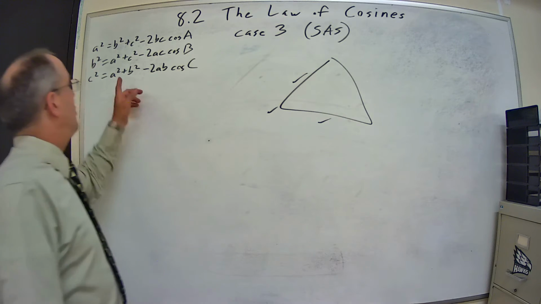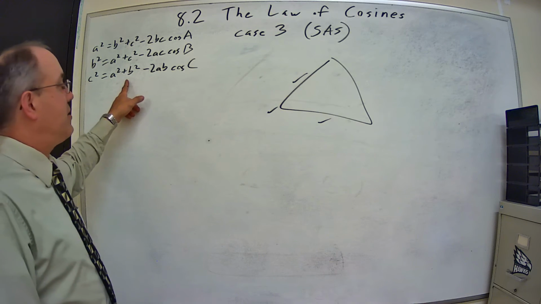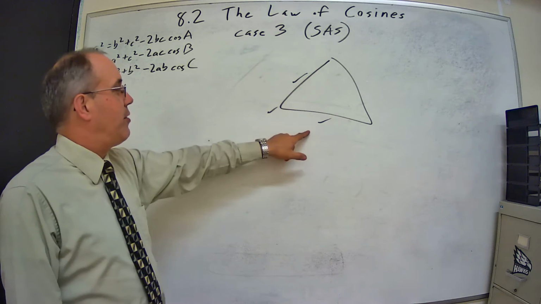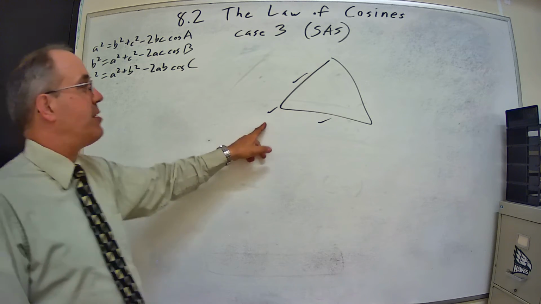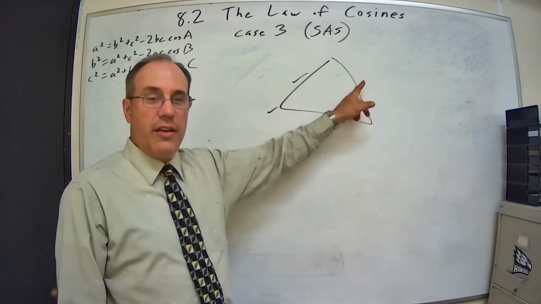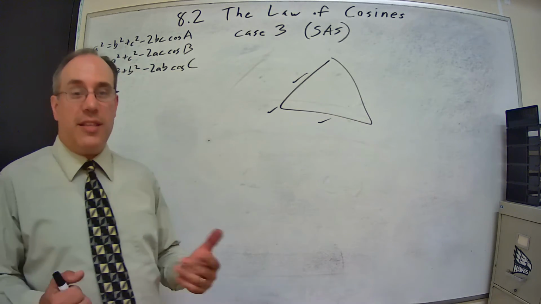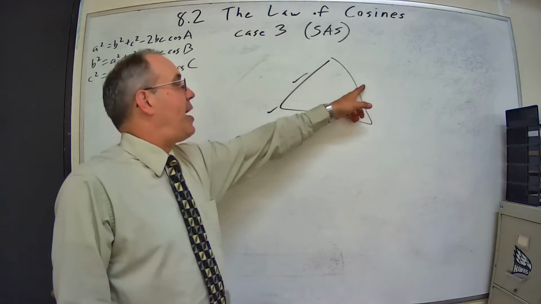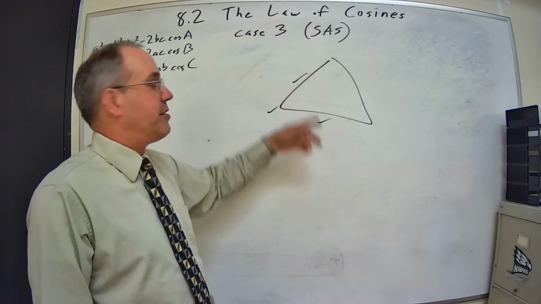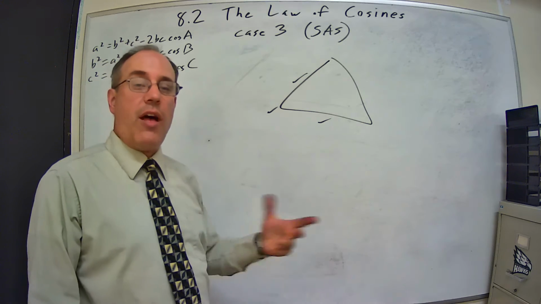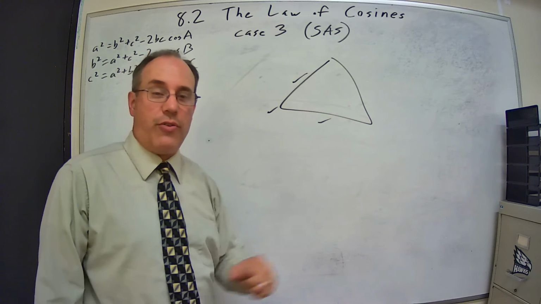But with the law of cosines, I have two sides and the angle in between them, so I can use that to find the other side. Once I've found the other side, now I have a side opposite an angle and sides, so I can use the law of sines to find another angle.